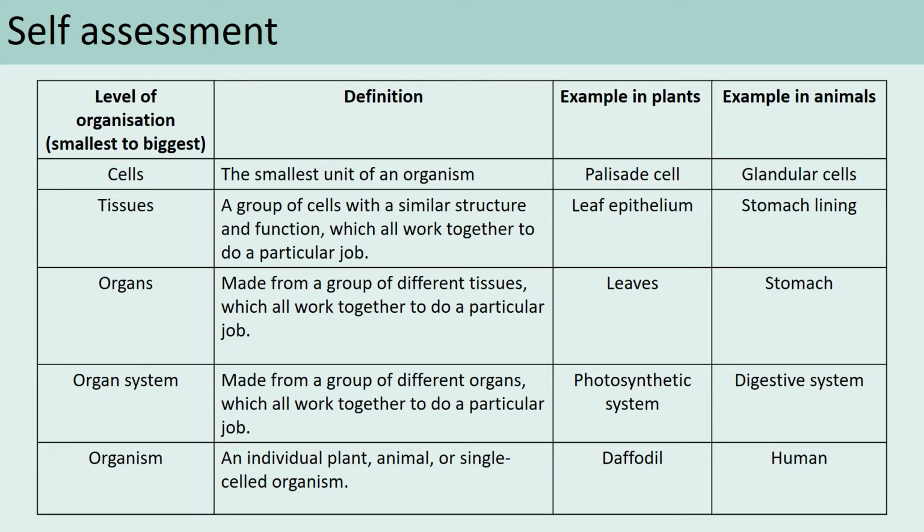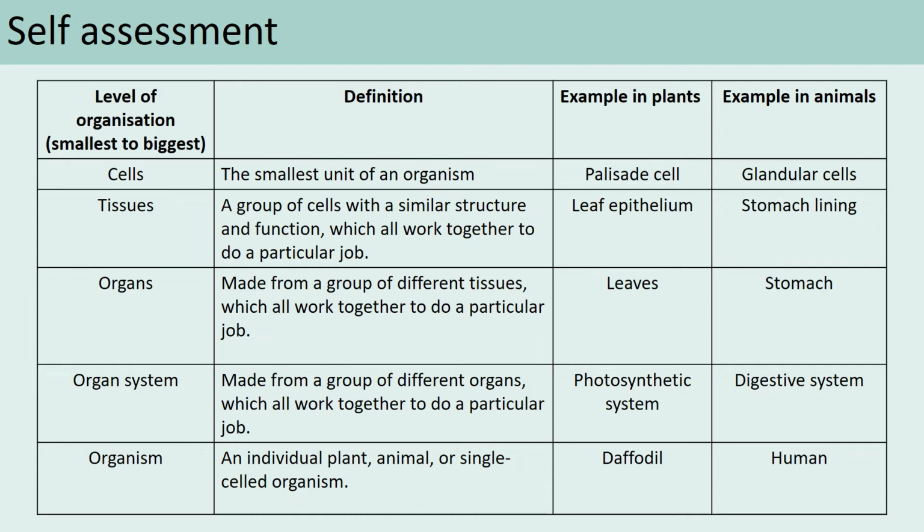Examples in plants would have been the leaf epithelium, so that is the layer of cells that is for protection. And then the example in animals could be the stomach lining.